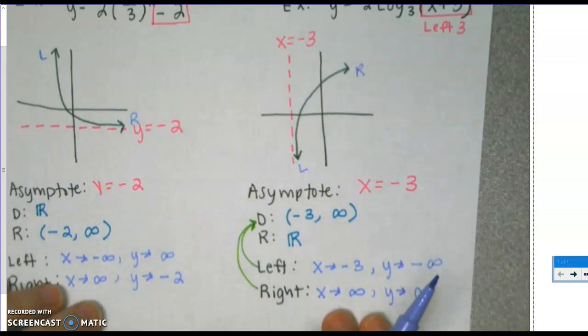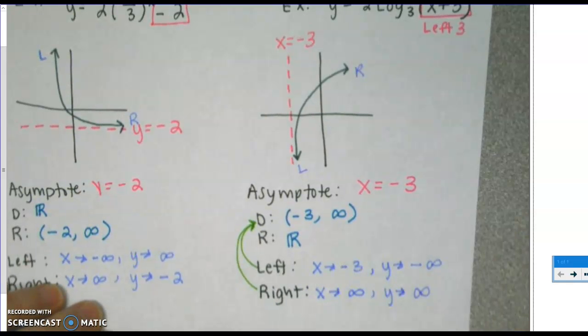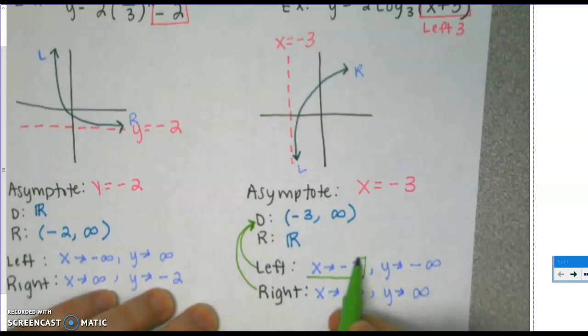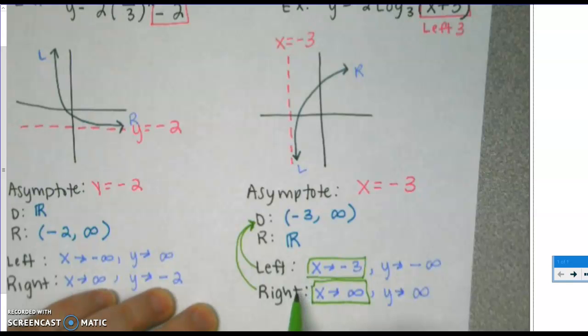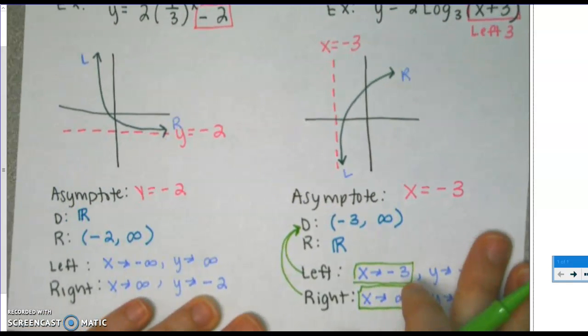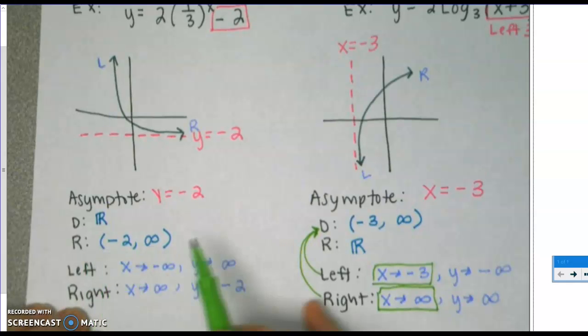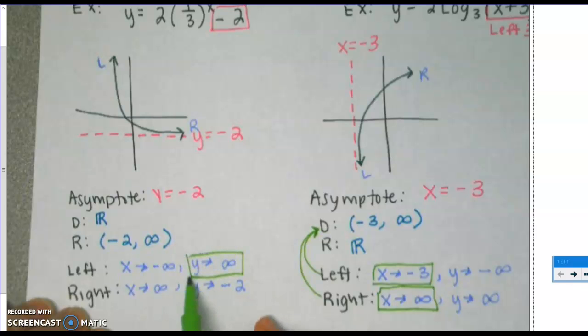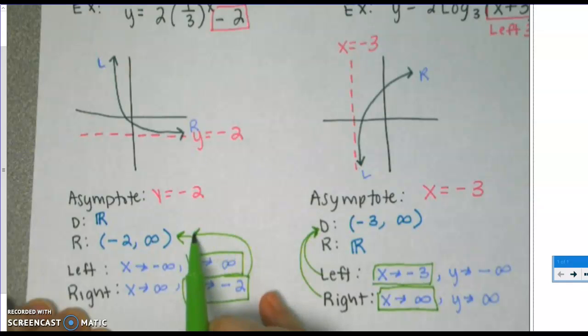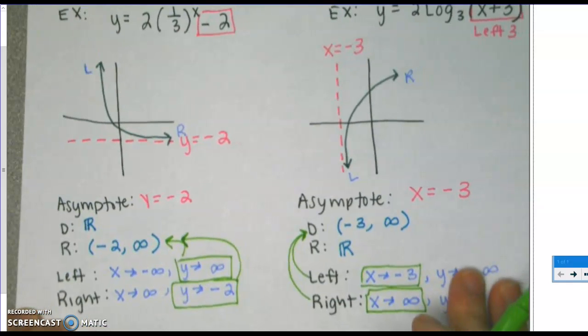All right, so when you're filling out the left and the right arrows, the left and the right components should match the beginning and the end of your domain. And that's kind of opposite from exponential. Exponential, these are the parts. See how those match your range.